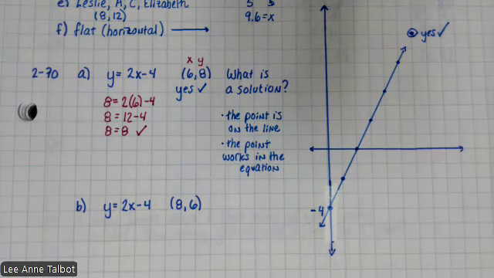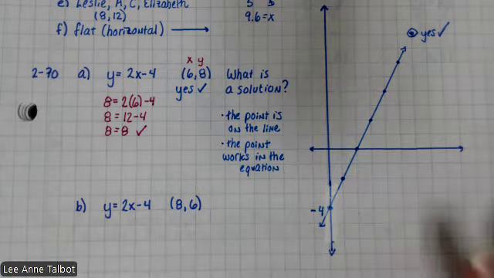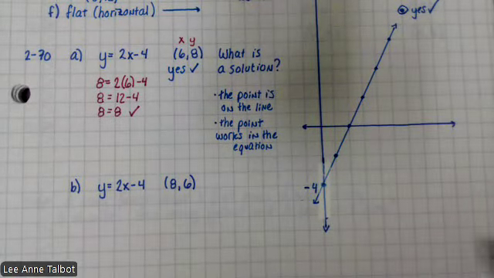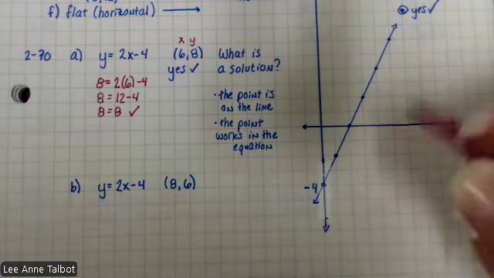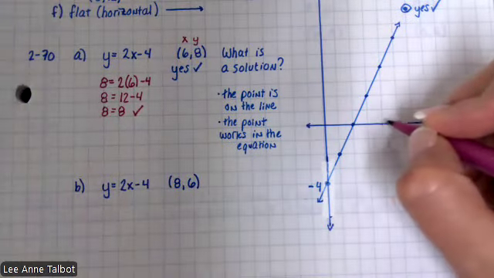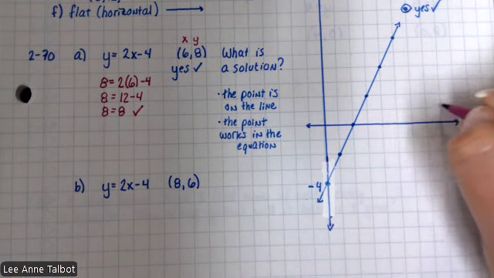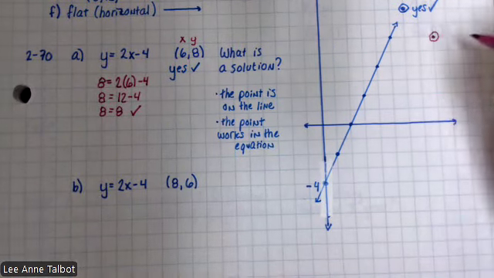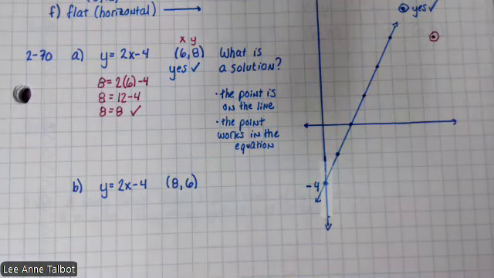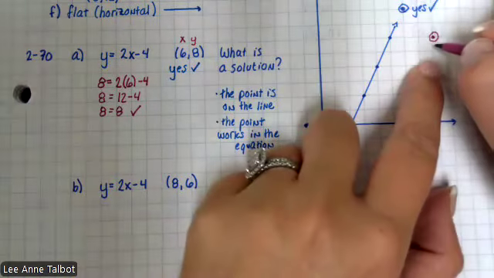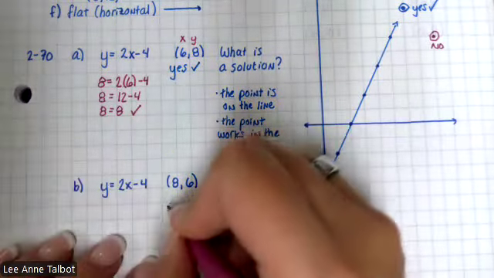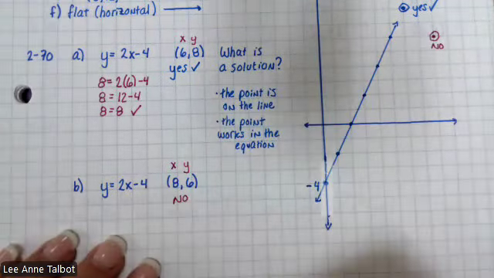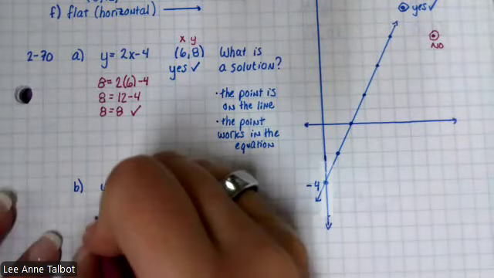So I have a method for my visual people and I have a method for my algebra people. Okay, now what do you think about 8, 6? Is 8, 6 going to be on the line? No. Let's show it algebraically.